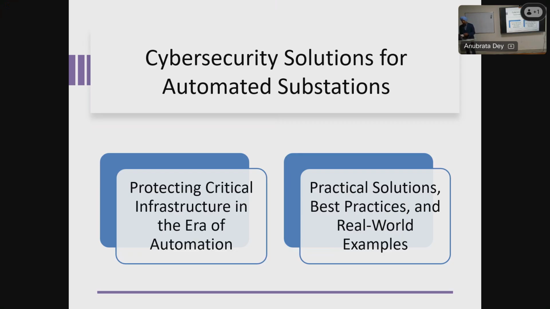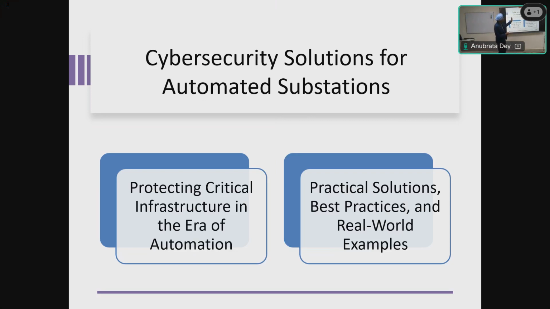Let's talk about the solutions for automated substations. So this is beyond what we have already talked about: the TLS and the keys and digital signatures and digital certificates. These are some of the strategies that you can use in the power system.